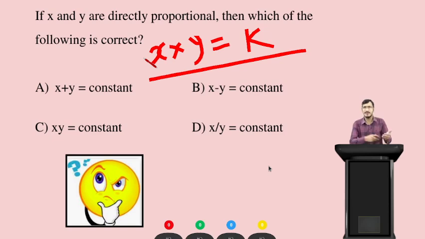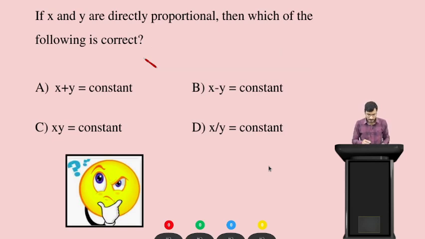That is the basic trick, the simple basic definition here. When two quantities are directly proportional, the ratio between the two quantities is constant, and for inversely proportional, the product of the two quantities is constant. So remember always. So the right answer here is option D, x upon y is equal to constant.